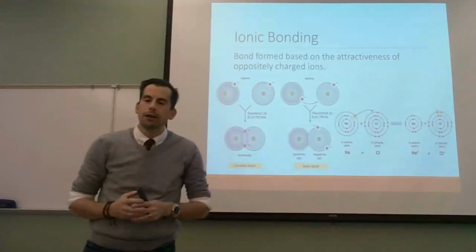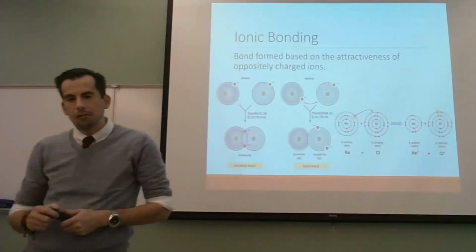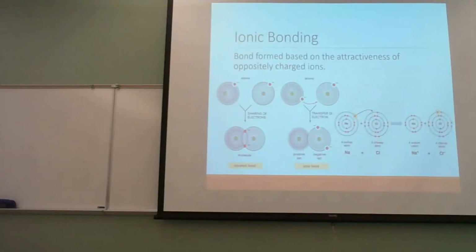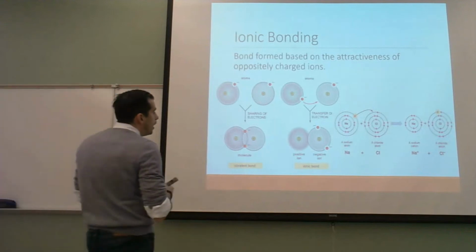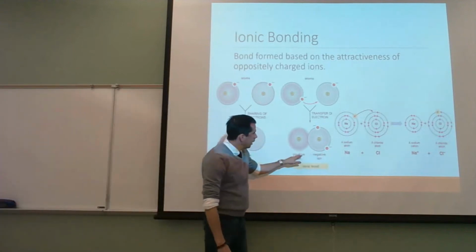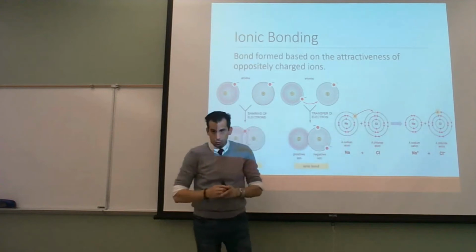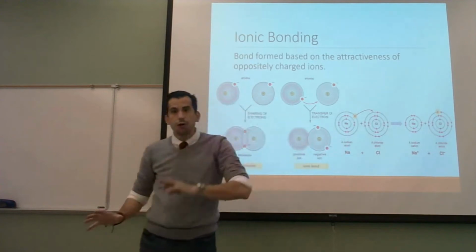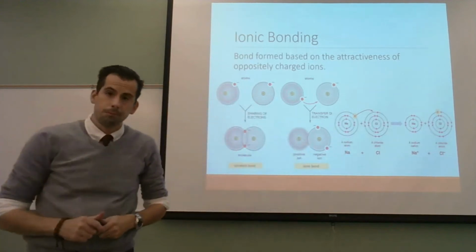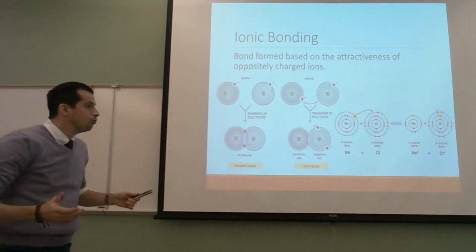Those opposite charges attract, and we get a bonding effect between those two ions. Now, if we take something that's ionically bonded like that, and we put it in water, they can separate. So both ions can kind of free flow through the solution. They disassociate.